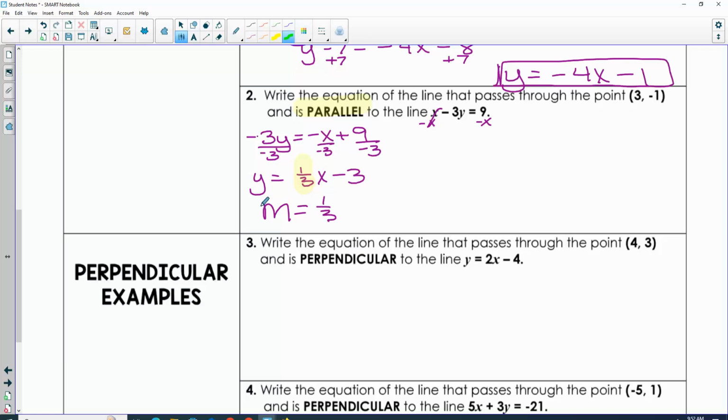So now I have my slope, and I have my point. We are going to plug into our equation. Y minus, remember in this point, this is x1, y1. So y minus negative 1 equals m, which was 1/3, times x minus 3.